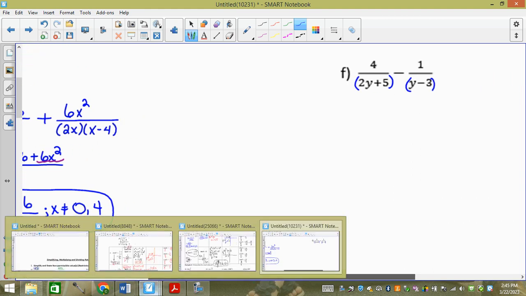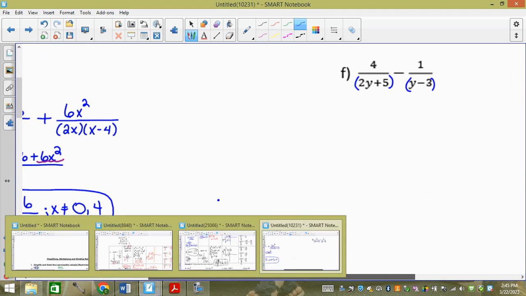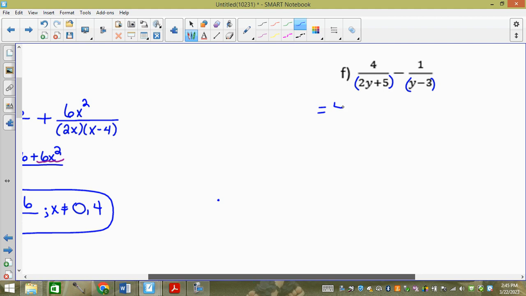I'm going to rewrite this so I'm not making it so squishy. So I'm going to have 4 over 2y plus 5. I'm going to multiply it by y minus 3. Minus 1 over y minus 3.